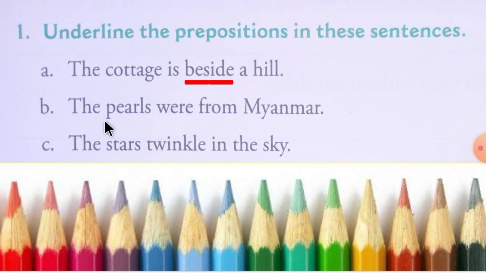Next, the pearls were from Myanmar. And the next, the stars twinkle in the sky. So in both the sentences, you have to underline the preposition by yourself.